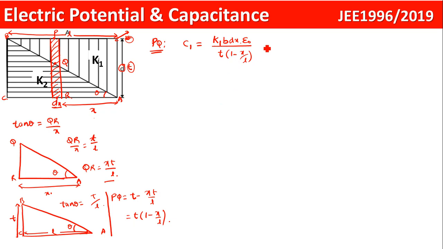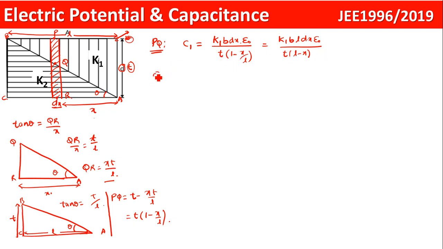Let me rewrite this term: taking the LCM, this L goes to the numerator, giving K1 B L dx epsilon naught divided by T into L minus x. That is your C1.